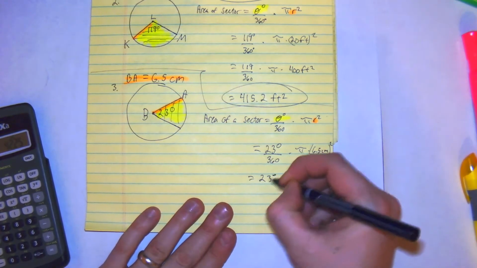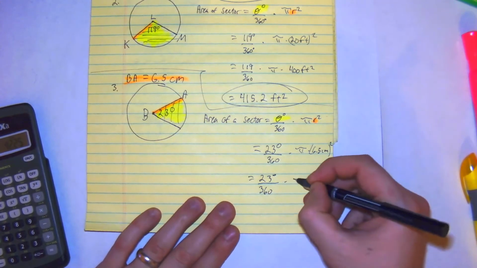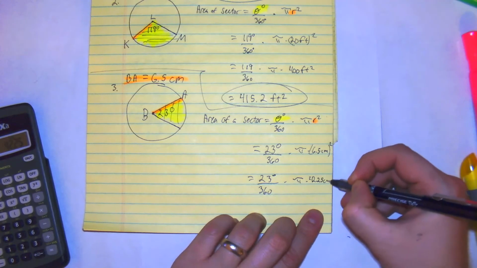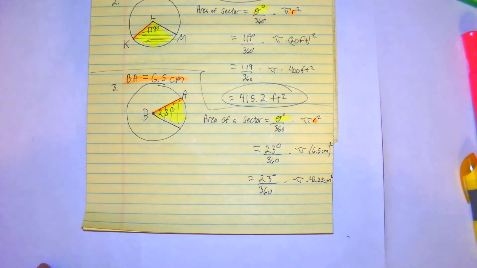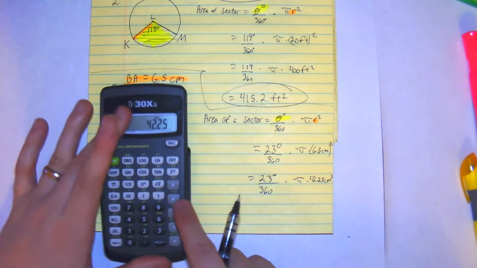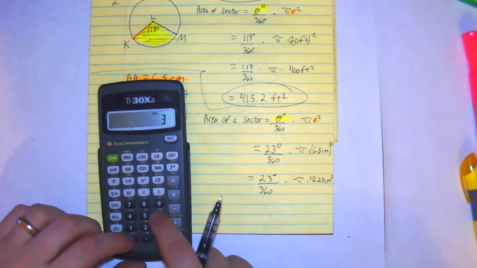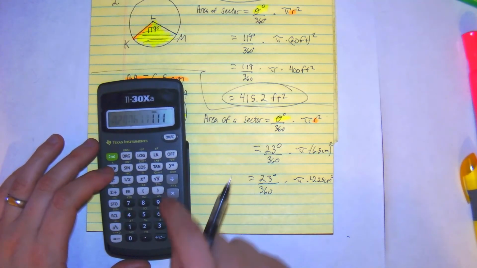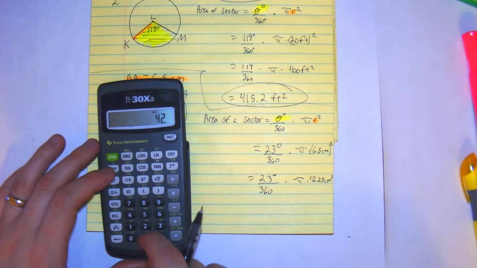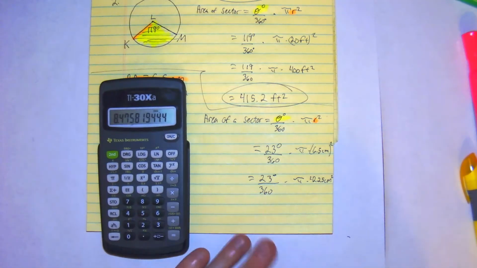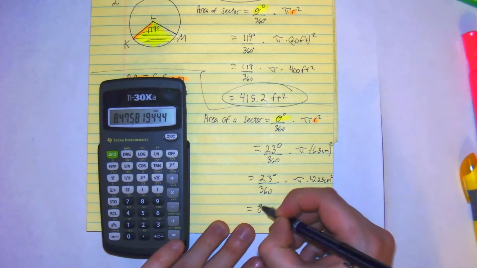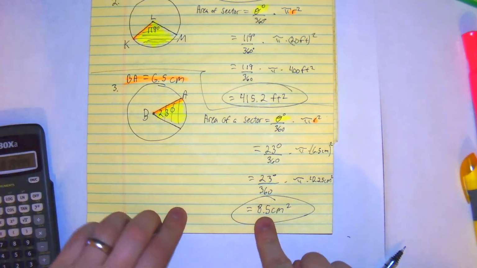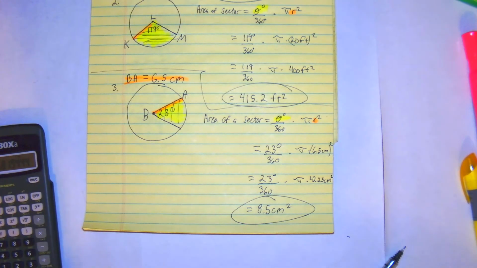So you get 23 degrees divided by 360 times pi times 42.25 centimeters squared. All you got to do now is just go left to right. So we do 23 divided by 360 equals times 3.14 times 42.25, and we get about 8.5 centimeters squared. So the sector would be about 8.5 centimeters squared. And that's how you do 1, 2, and 3.